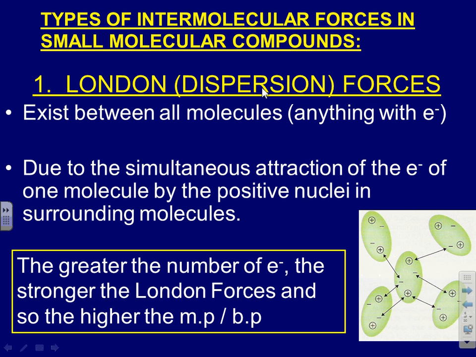They exist between all molecules, anything with electrons. And in chemistry, everything has electrons. We're not talking about really high energy physics that might exist, say, in the interior of a star, or maybe some kind of super furnace that creates very high energy plasma where the electrons are removed. We're talking just about regular molecules.